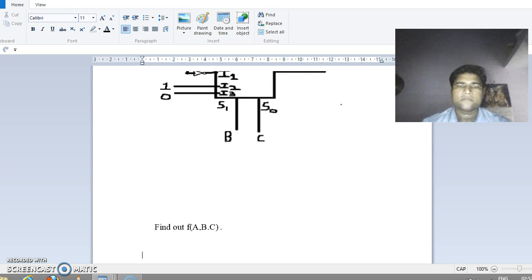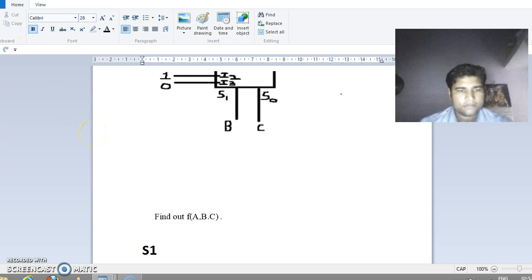Same logic. Firstly, S1 bar S0 bar is equal to 0.